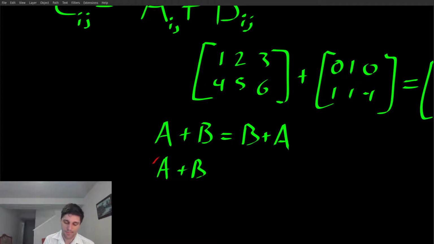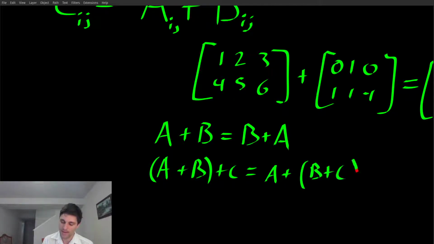A plus B plus C is going to be equal to A plus B plus C, all the things that you'd expect. Adding the zero matrix doesn't do anything. All of those nice facts work exactly as you'd want, exactly the same as they do in vectors.